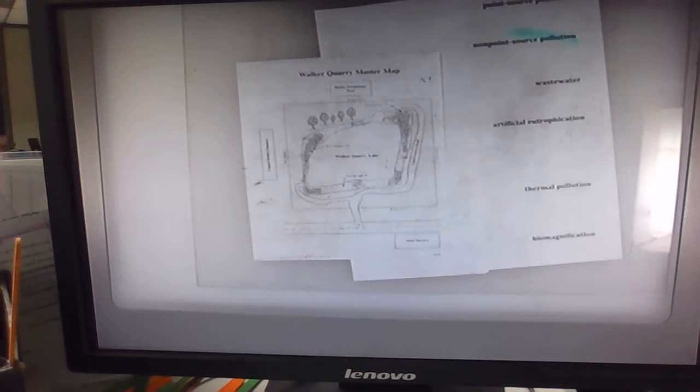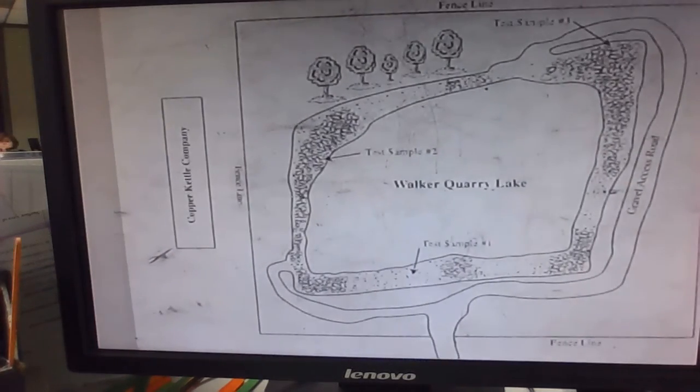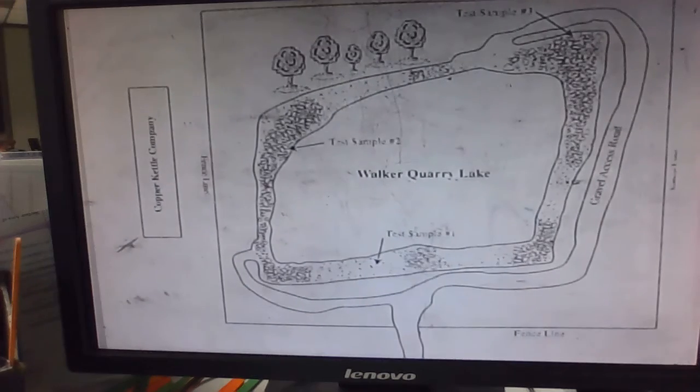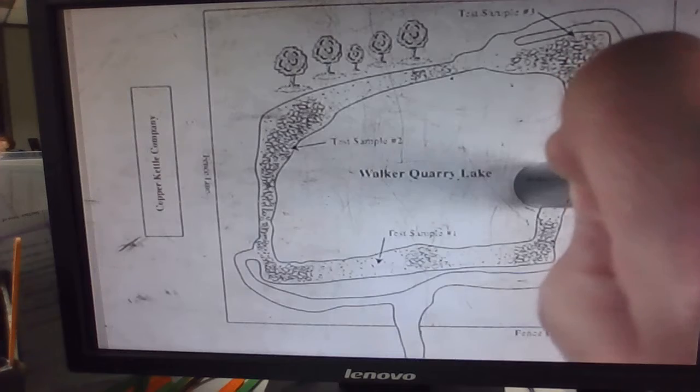We are going to designate an area of point source pollution coming from the Copper Kettle Company. The map that we're doing today has nothing to do with the one that we're actually doing in the lab. It just happens to be the same map, the same area, because it makes sense to use something that we're familiar with. But eventually we're going to find out that the Walker-Corey Lake is contaminated.